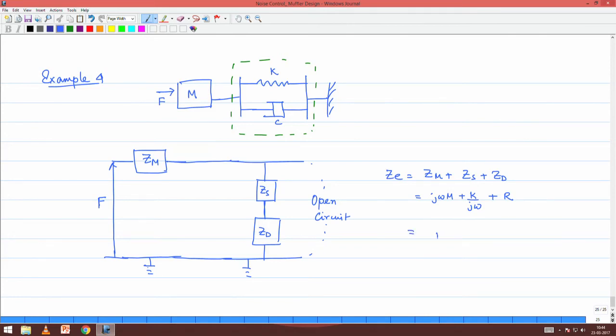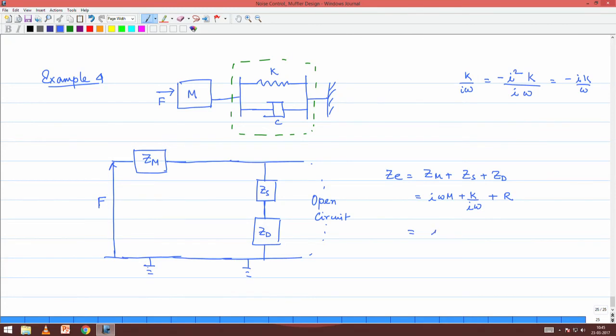K by j omega could be written as minus j square k, or why am I using j, sorry, I should use I. This is k by I omega. So, this k by I omega could be written as I square with a minus sign, minus I square is just plus 1. So, no issues if I write a minus I square. So, minus I square k by I omega and this in turn is minus I k by omega, right.